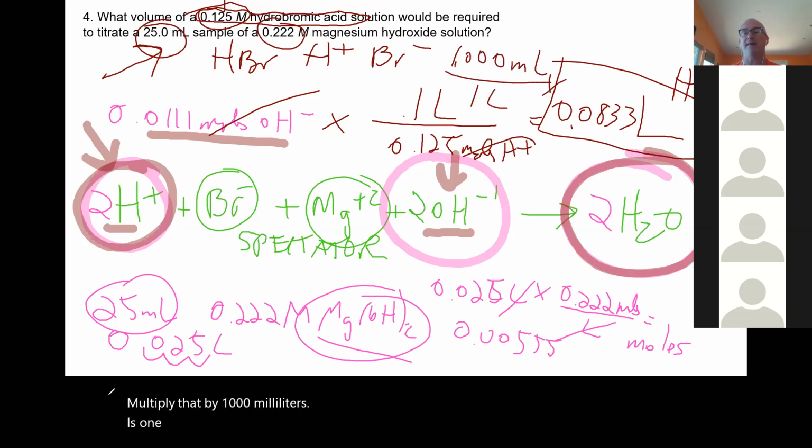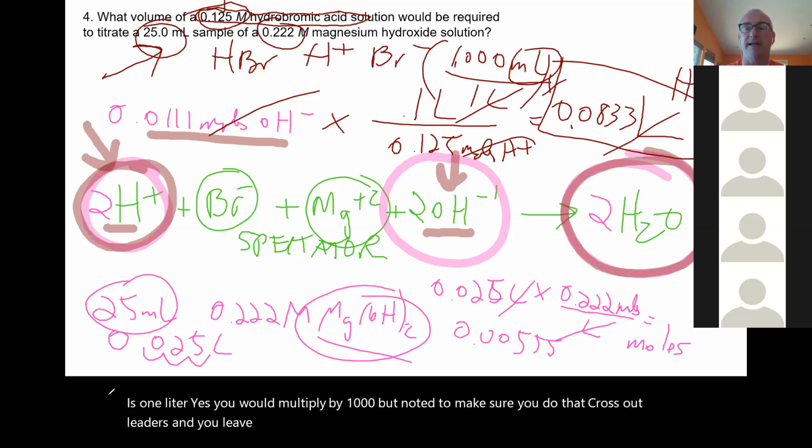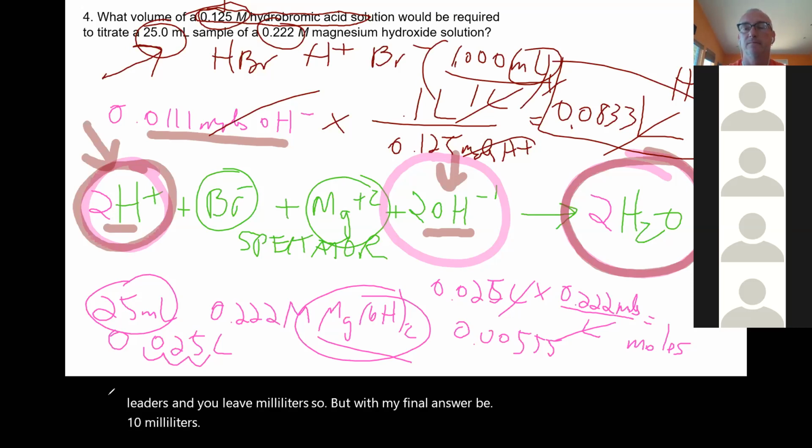Yeah, so you would multiply by 1,000, but in order to make sure you do that, cross out liters and you leave milliliters. So what would my final answer be? In milliliters. 83.3 milliliters of hydrobromic acid. Yep. There you go.